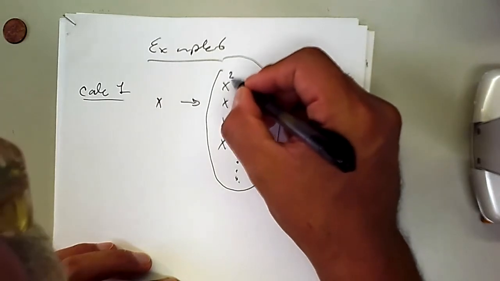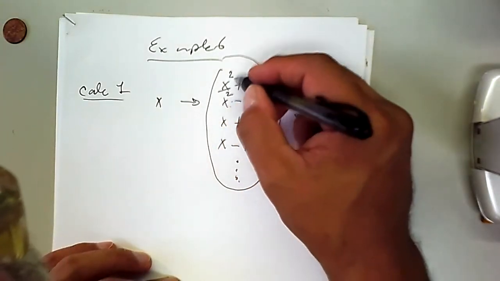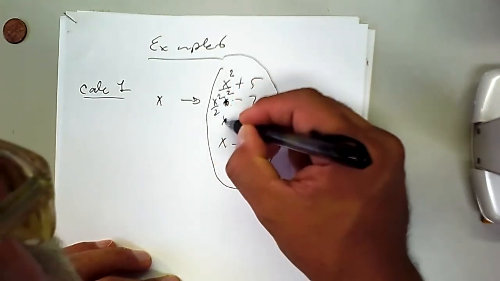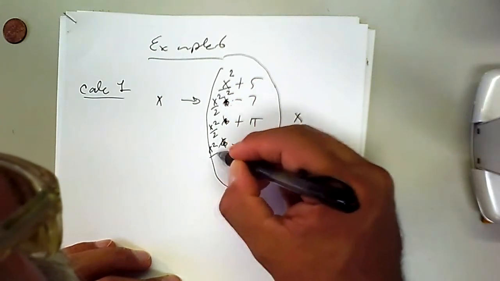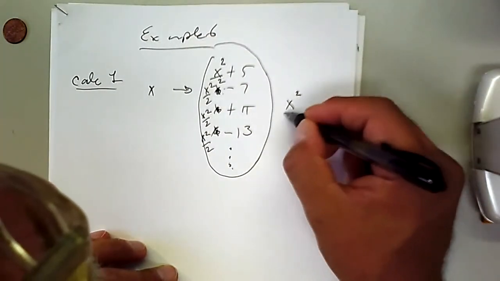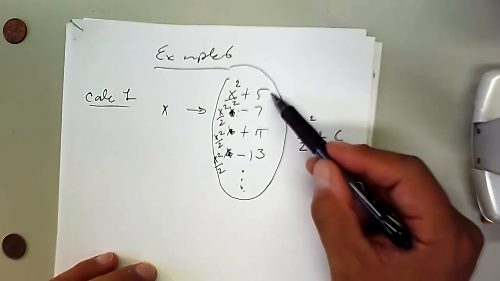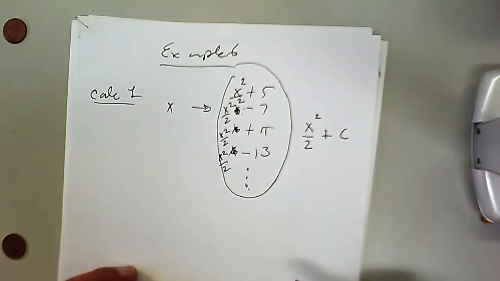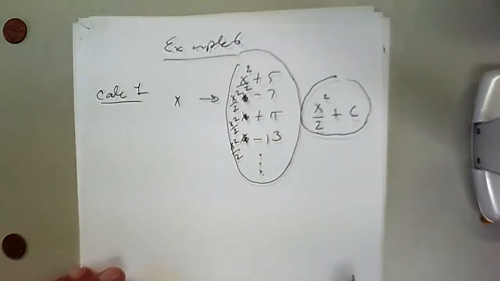I meant x squared over 2, silly me. I sometimes get too excited about something and start losing a few. Sorry to do this to you. So x squared over 2 is the antiderivative plus a generic constant, where the constant could be 5, 7, pi, negative 13, negative 7, whichever. This is the way we write the antiderivative of x in Calc 1.